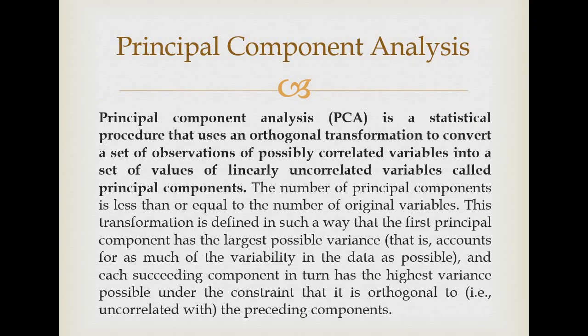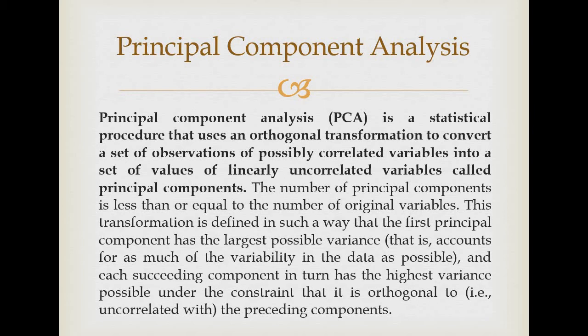Principal component analysis is a statistical procedure that uses an orthogonal transformation to convert a set of observations of possibly correlated variables into a set of values of linearly uncorrelated variables called the principal components. The number of principal components is less than or equal to the number of original variables.